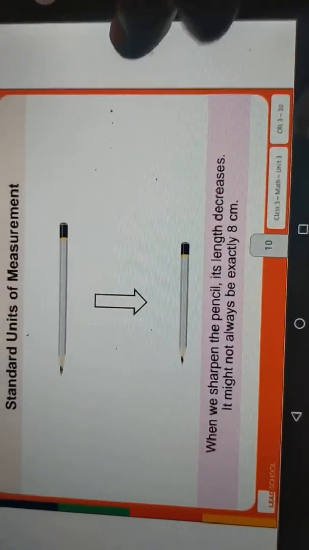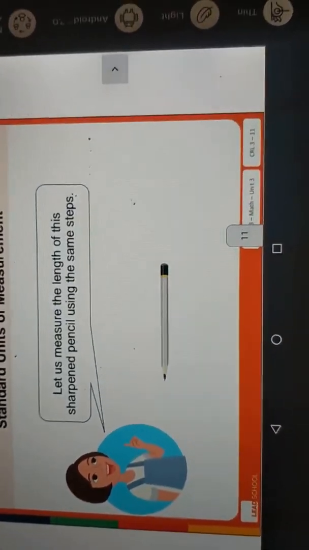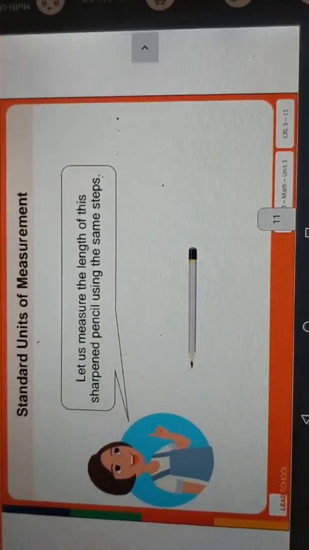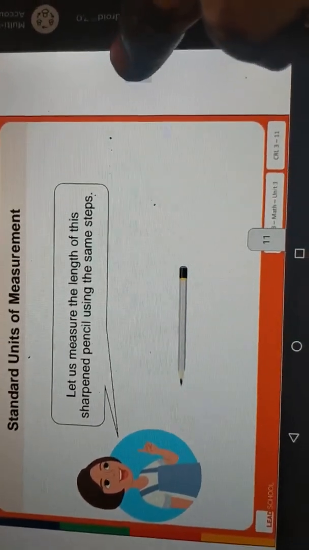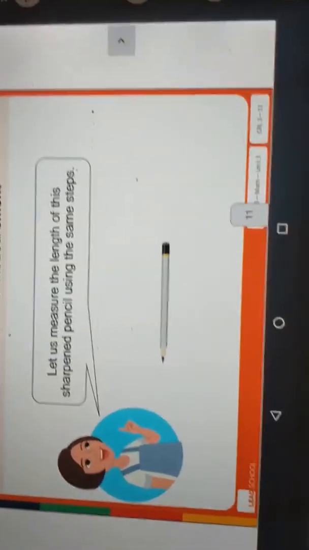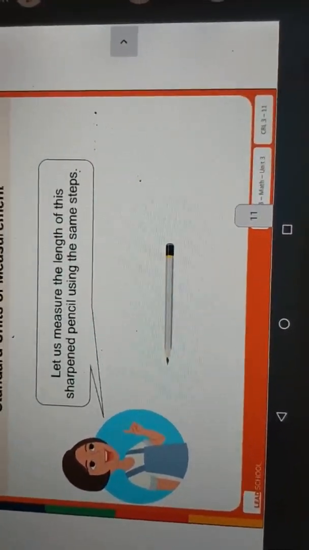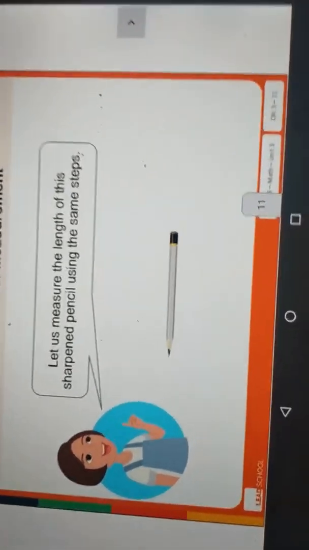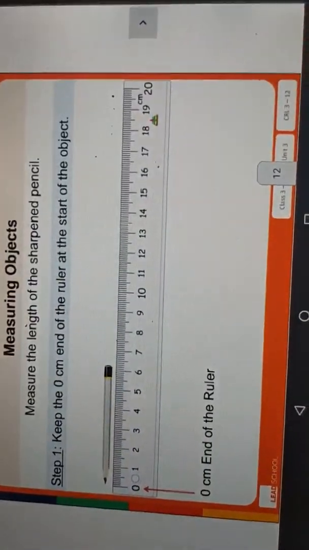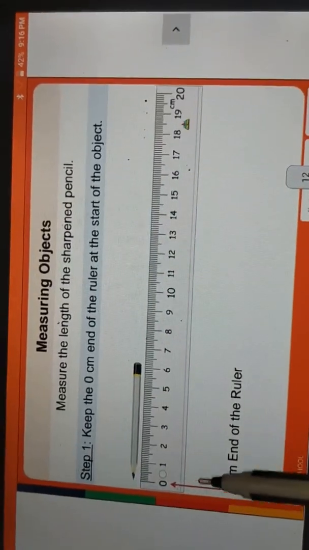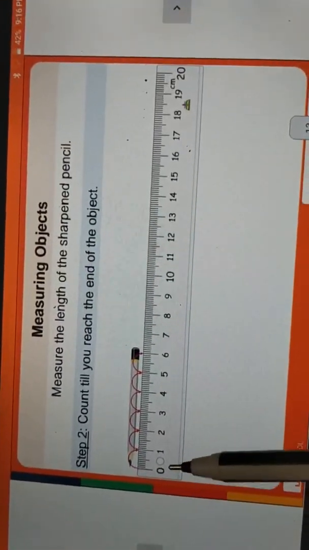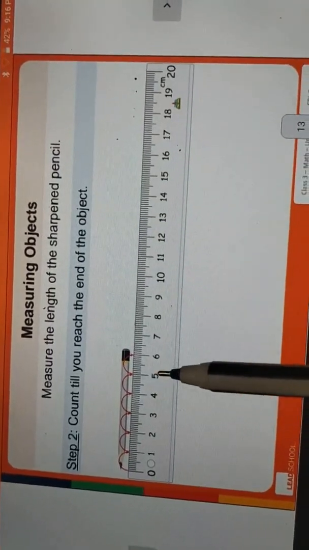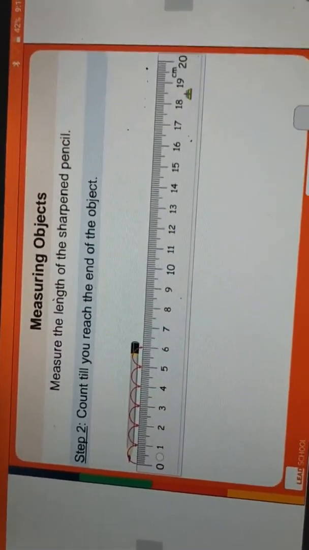Okay. So let's measure the length of the sharpened pencil using the same steps. Students, we have to keep the pencil on the 0 centimeter and we have to count. So 1, 2, 3, 4, 5 and 6 centimeter is there.